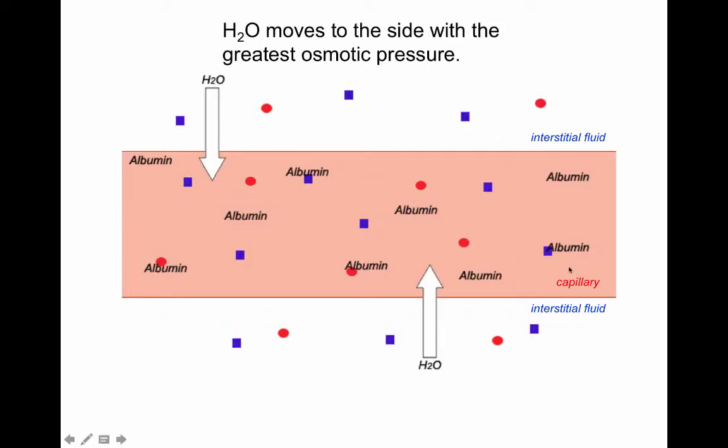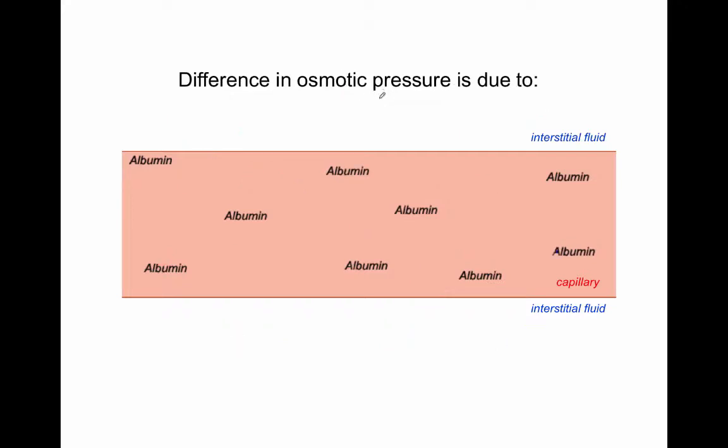So water will move to the side of the plasma membrane that has the greatest osmotic pressure. The difference in osmotic pressure is due to these large proteins that are floating in the bloodstream in the plasma that are not existing out here in the interstitial fluid.